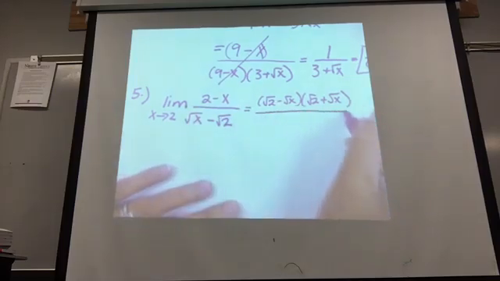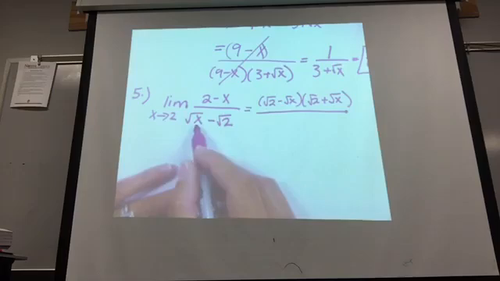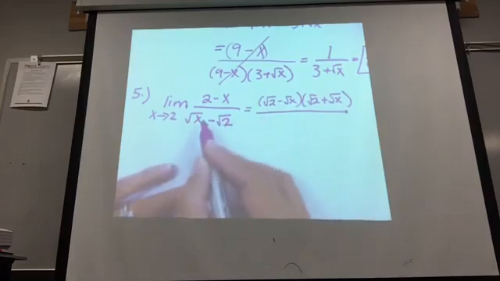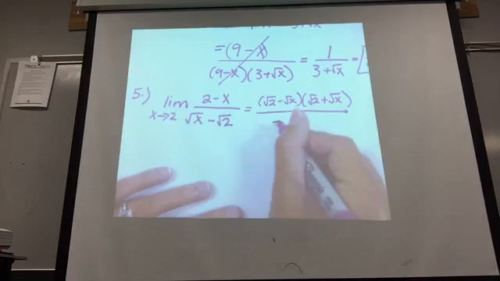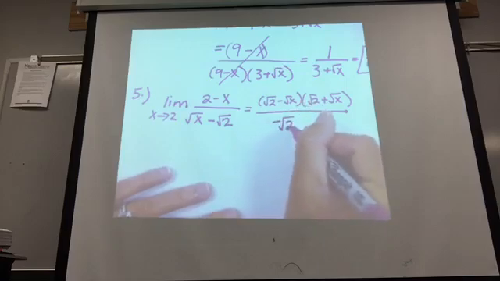And now on the bottom, I have the square root of x minus the square root of 2. But I want to rewrite that because my square root of 2 is first, so I'm going to rewrite it as the negative square root of 2 plus the square root of x.